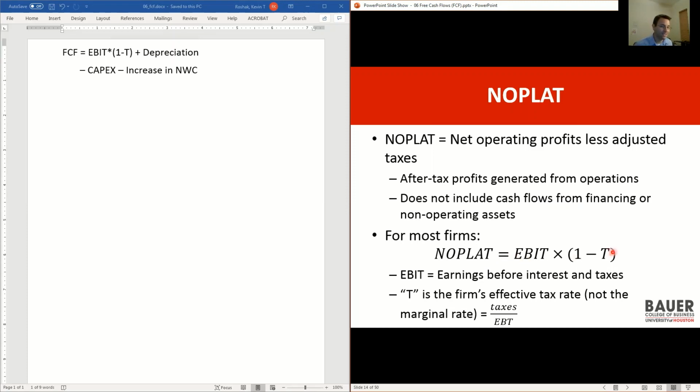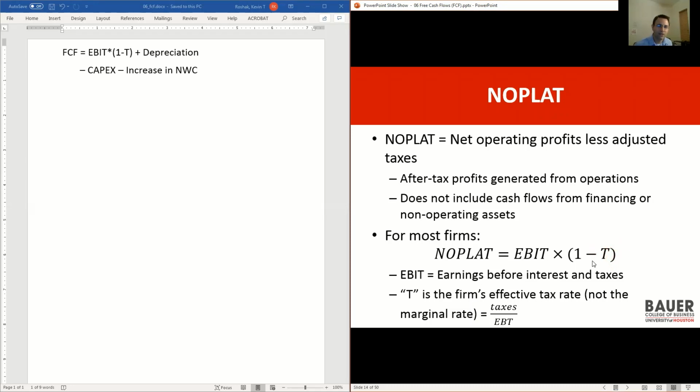EBIT times 1 minus T. EBIT, that's E for earnings, B for before, interest and taxes, EBIT. Okay. And then T, here that's your tax rate. We use the effective tax rate.